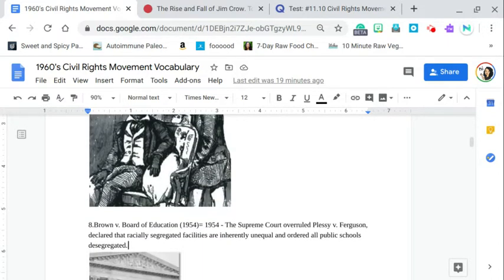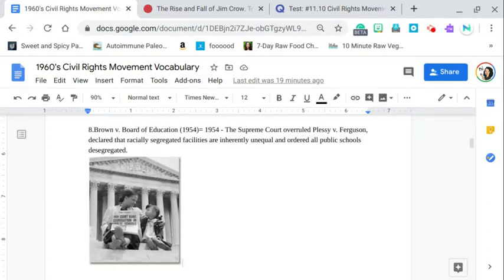Okay. Then finally in 1954, you have the Brown versus Board of Ed case. And basically what it's about, it's this beautiful 7-year-old. Both her parents are professional and they live in a nice, rich white neighborhood, but because she is African American, she's bused to a neighborhood for blacks.